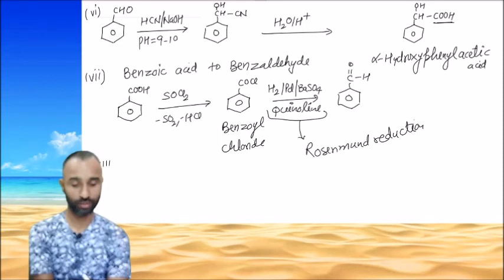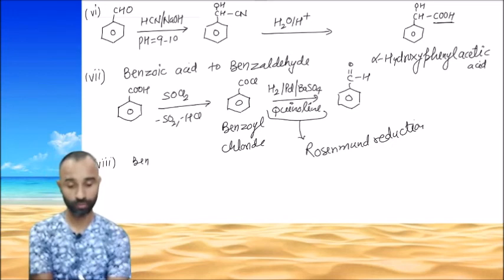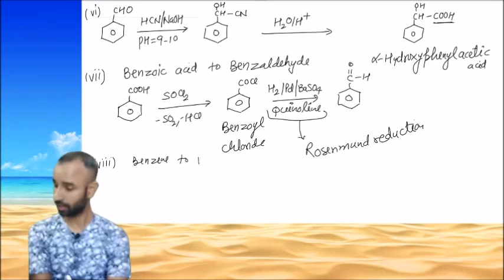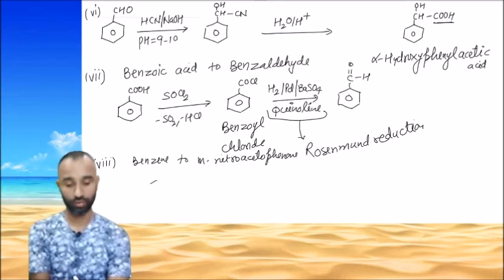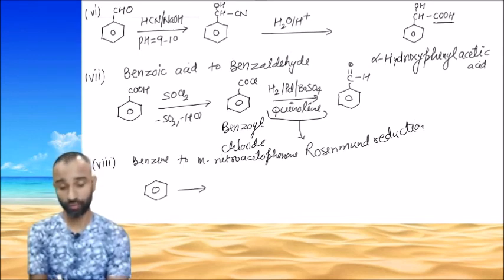Now eighth one is benzene to meta-nitroacetophenone. So we have benzene. First of all, we can prepare acetophenone easily.